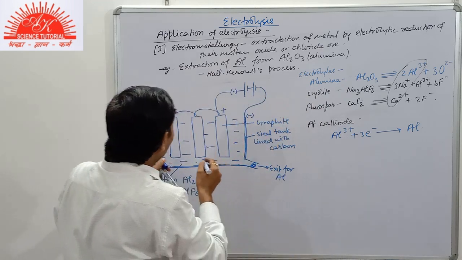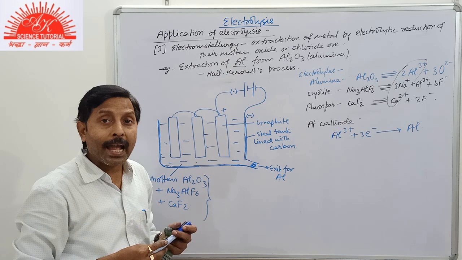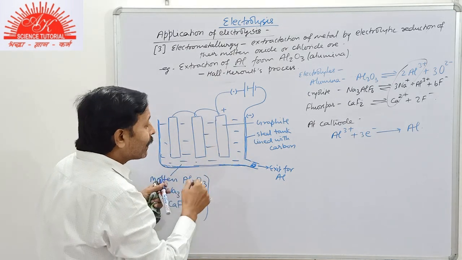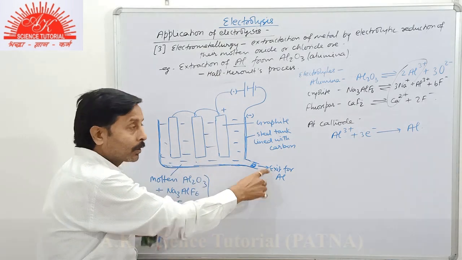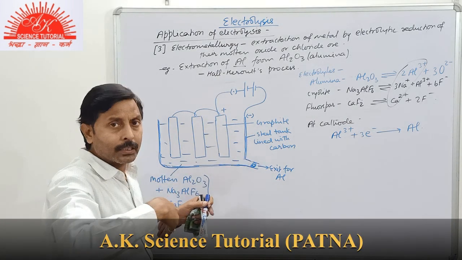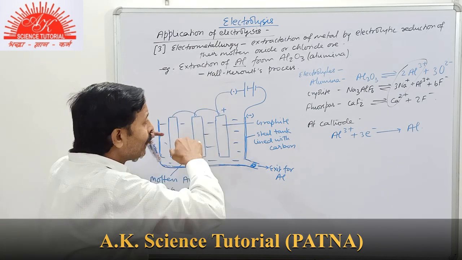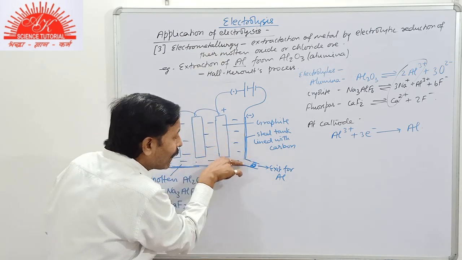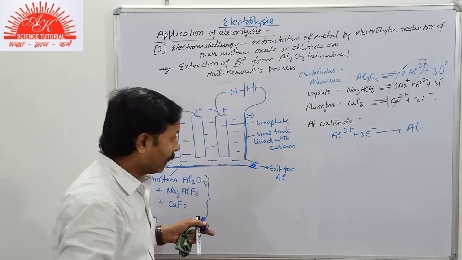Along the wall of the container, the tank, aluminium will be discharged, and it will be taken out in molten state from the bottom. Since this is an industrial process with a huge tank, aluminium discharged at the walls will settle down, and at the bottom it will be taken out.